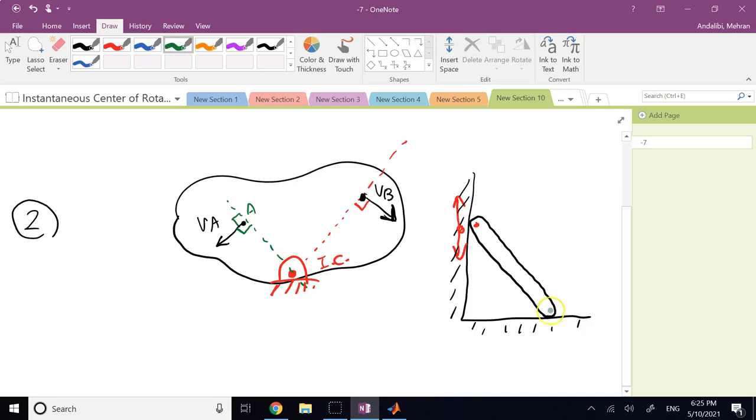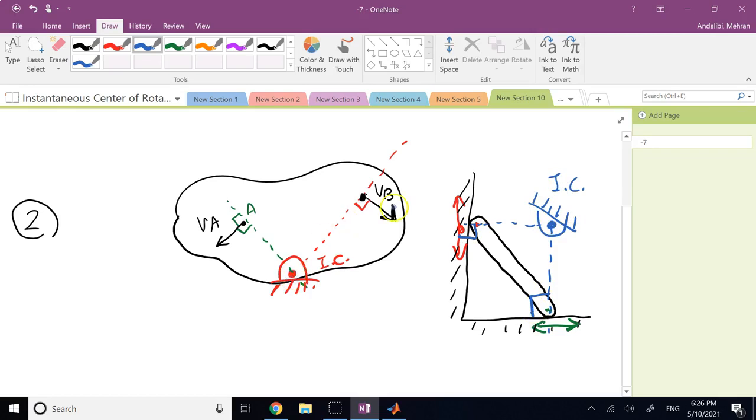And this point here on the floor can only go what? Left or right. It can only move horizontally. So if I draw a perpendicular to these two velocities, wherever they intersect, this is what? The instantaneous center.